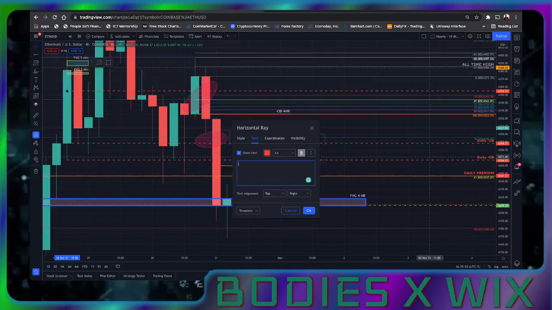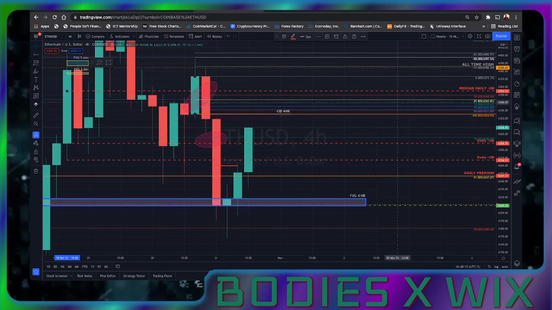The order blocks were just above the premium. And then what we're going to do is put median daily. Oops, I like to capitalize things. I'm just weird when it comes to daily things. I put negative OB. It just means bearish order block to me. When I put a negative, positive means bullish.